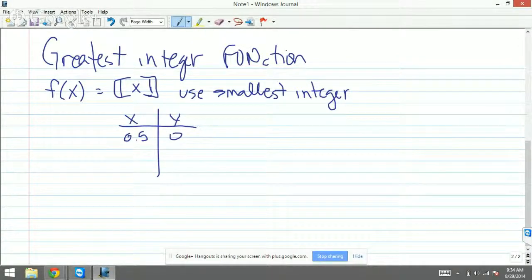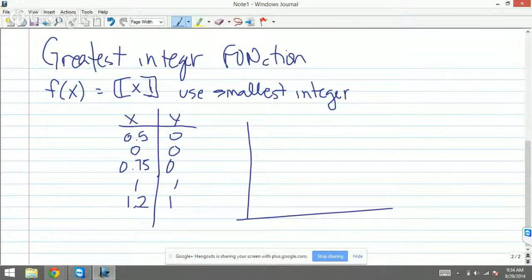Yeah, you just go down to the next whole number. Obviously 0 is going to be 0. What about 0.75? It's 0. Okay. 1 is 1. What about 1.2? 1. All right. You see the pattern here?